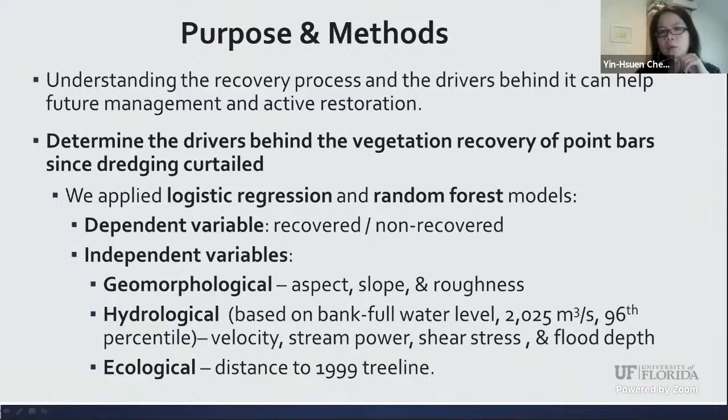It's about 2,000 cubic meters per second, the 96th percentile, when the water basically covers the entire floodplain. Finally, we have only one ecological variable, the distance to the tree line in 1999, and I will explain a little more about why it's the 1999 tree line.